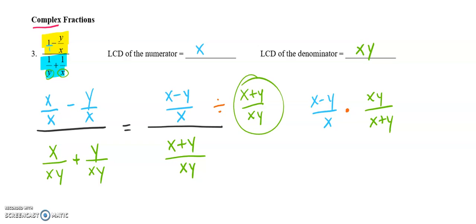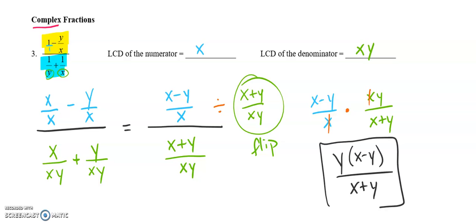So we flip that second fraction, or we flip that denominator. And then we just clean it up. Well, when we do that, the x's cancel. Nothing else cancels. So we're left with y times the quantity x minus y over x plus y.